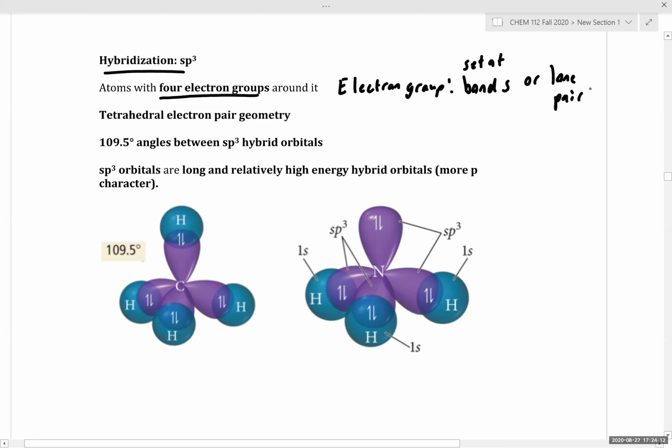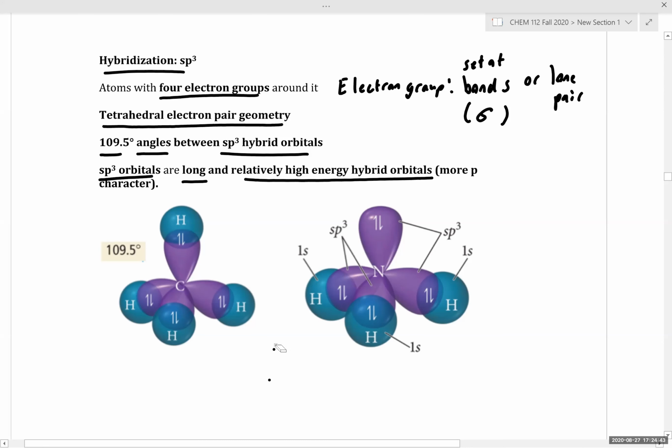When you're counting electron groups, you're really counting the number of sigma bonds. Now, the sp3 hybridization correlates with what's known as a tetrahedral electron pair geometry. We have 109.5 degree angles between our hybrid orbitals, and the sp3 orbitals are long and relatively high energy orbitals.